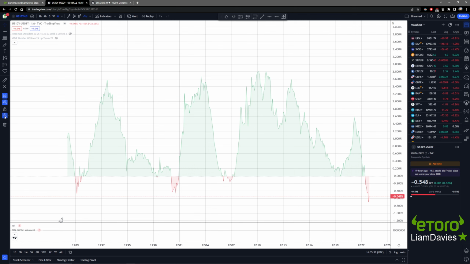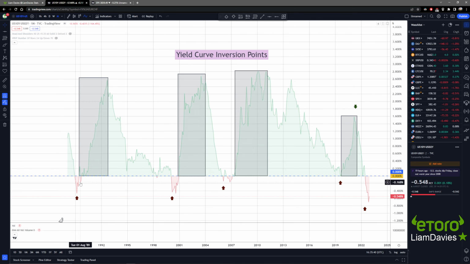Like I said, we've seen this happen in the early 90s, in the early 2000s, late 2007, 2008, 2019, going into 21. I'm sure you can guess what each of these points are. This is the recession in the early 90s.